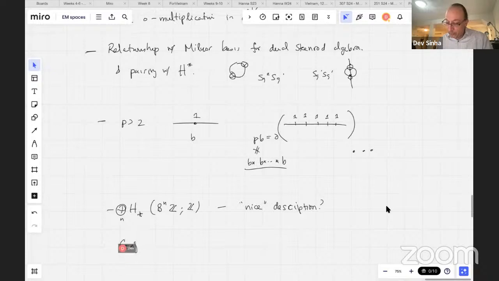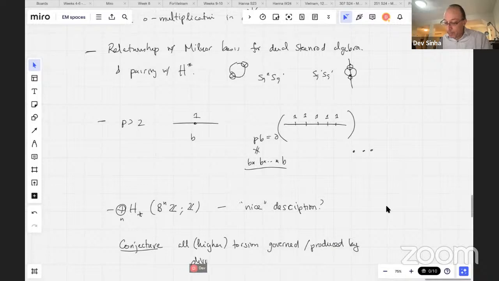It's not fully precise, but all higher torsion is governed or produced by divided powers operations.